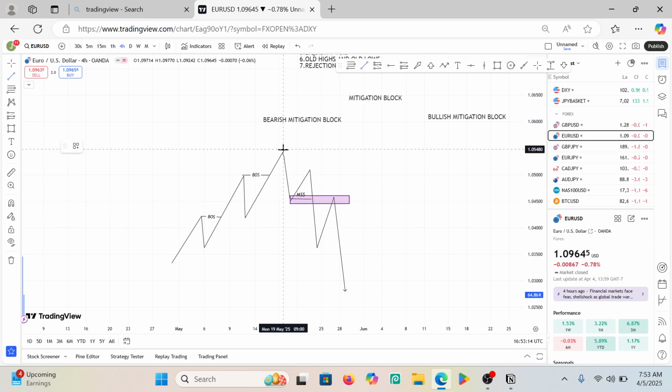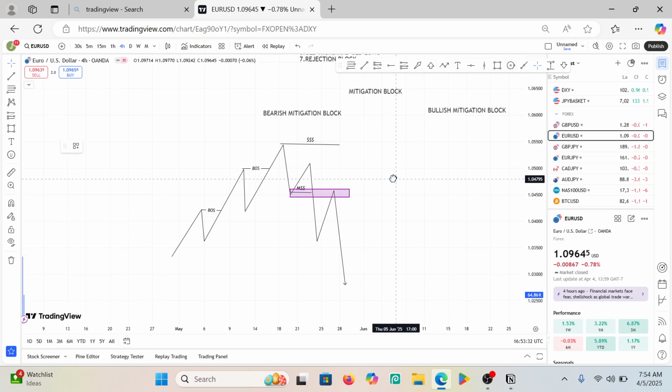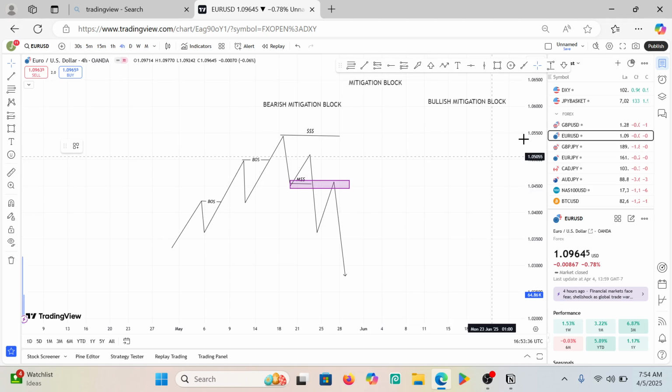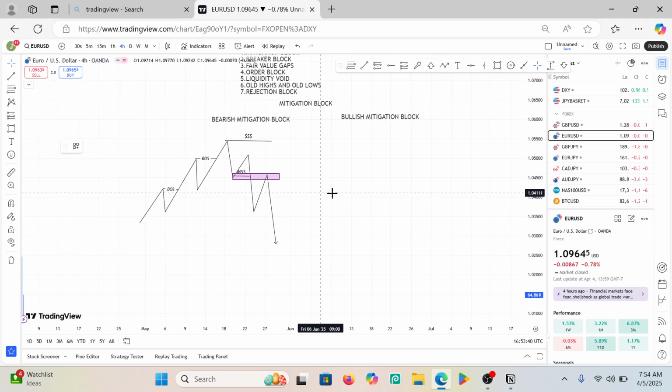You can see there's no sweep of liquidity above this recent high, and that confirms that this is a bearish mitigation block.